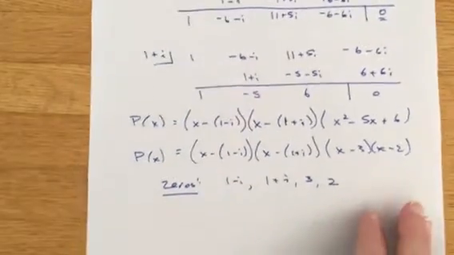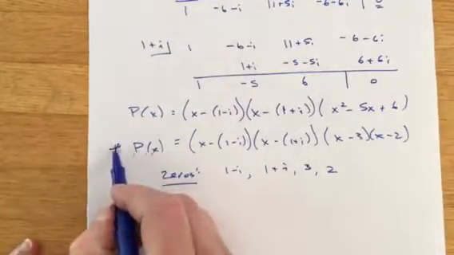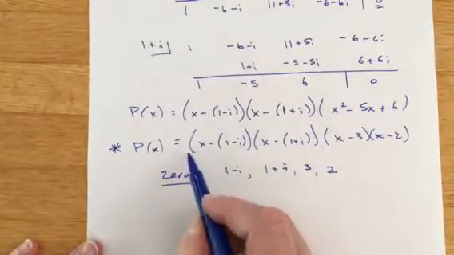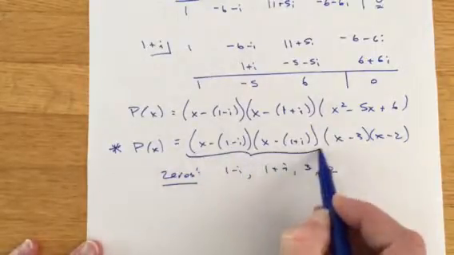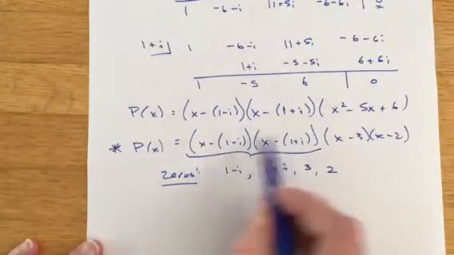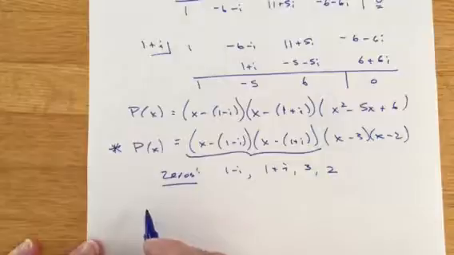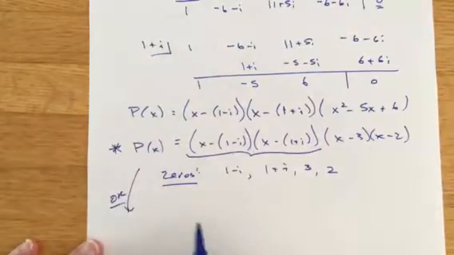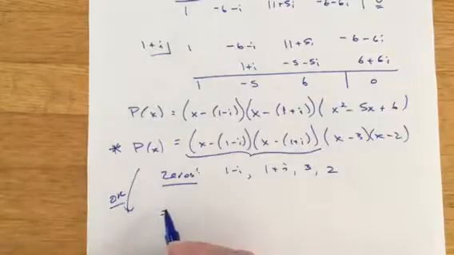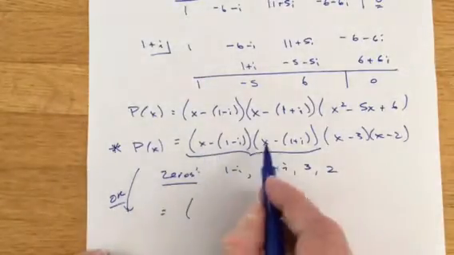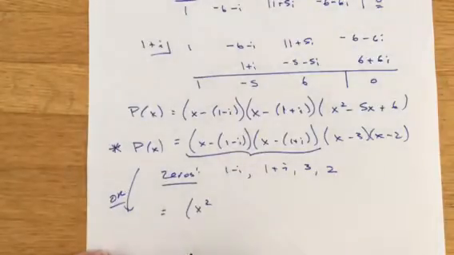Just as an aside, this is a messy way to leave your polynomial in factored form. Most of the time, these two factors would be FOILed and thought of as a quadratic factor. So keep in mind another way to write this. If you FOIL those first two out, I'm going to skip a few steps here, but x times x is x squared.